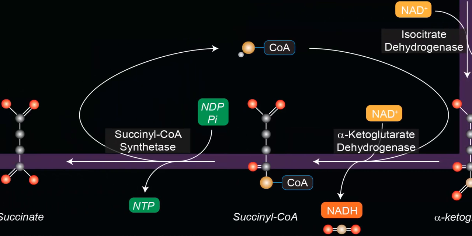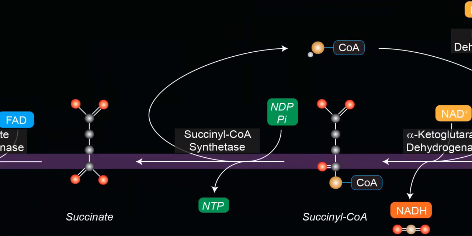So the succinyl-CoA first undergoes a hydrolysis where we lose coenzyme A. So coenzyme A gets hydrolyzed off, and we produce succinate. This hydrolysis is spontaneous enough that it can drive the synthesis of either GTP or ATP from precursor ADP or GDP.